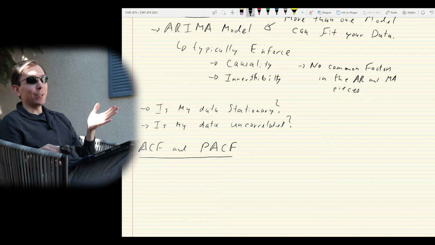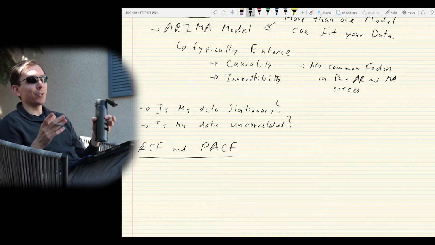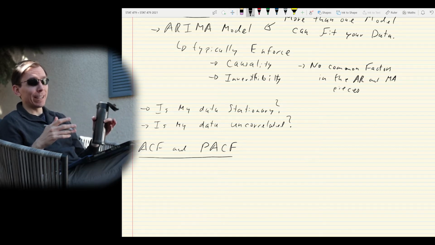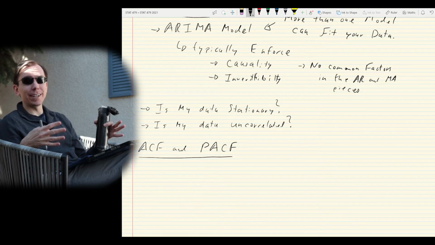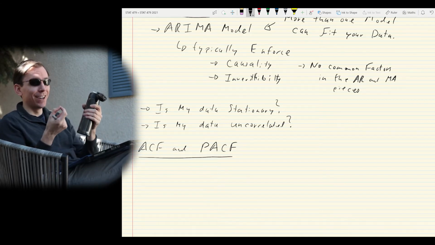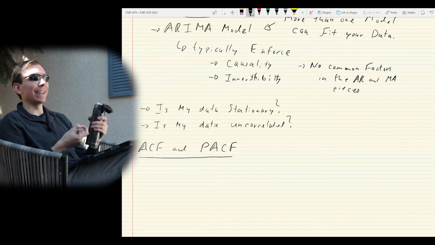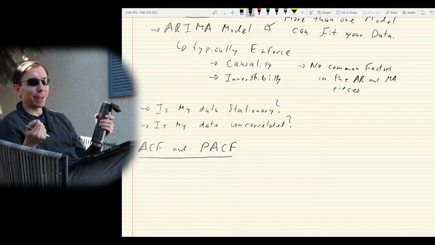We can also use the complementary tool, the partial autocorrelation function, the PACF, to analyze our data. And remember, partial autocorrelation looks at the idea of partial correlation and extends it to autocorrelation. Partial correlation basically says that two things are uncorrelated given another thing. My standard example would be the price of your house and the price of your car.